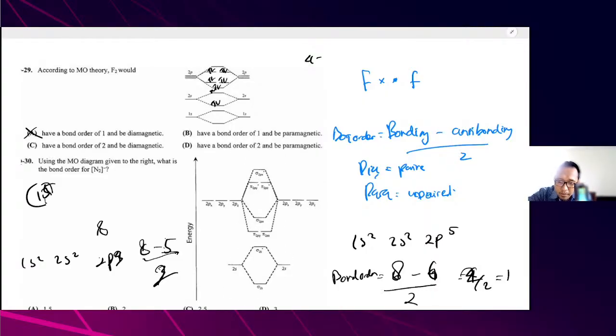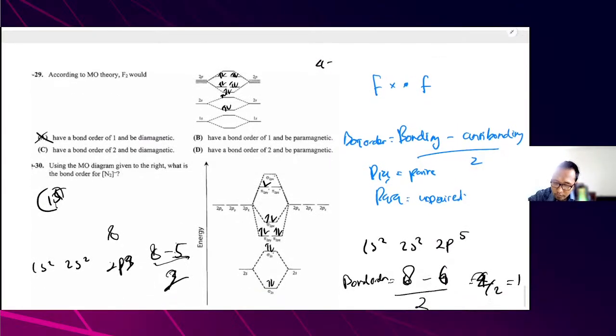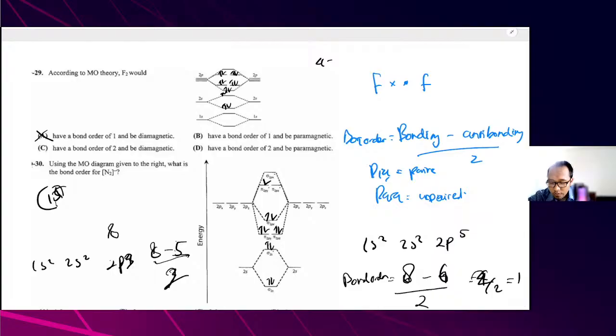Oh man. 1, 2, 3. 1, 2, 3, 4. 4, bro. 4. So 1, 2, 8 minus 1, 2, 3. Yeah. Good.